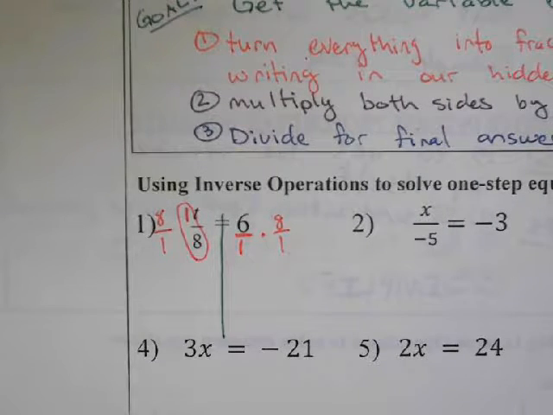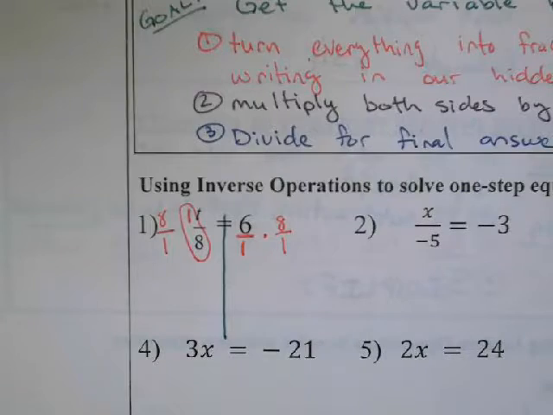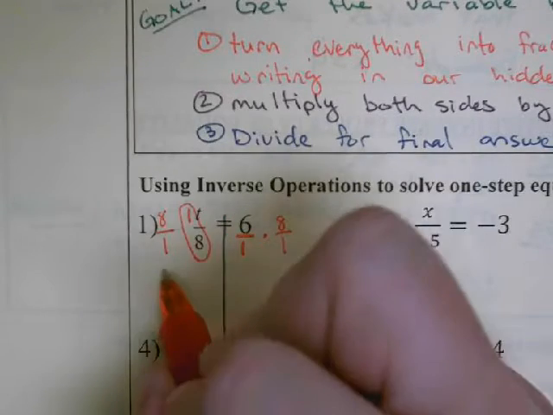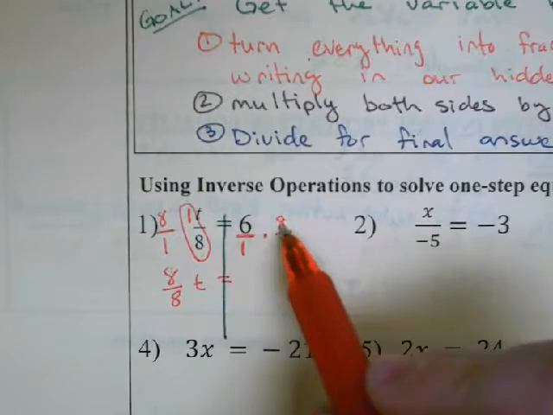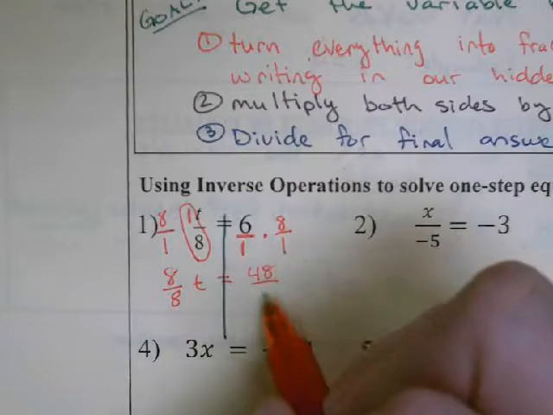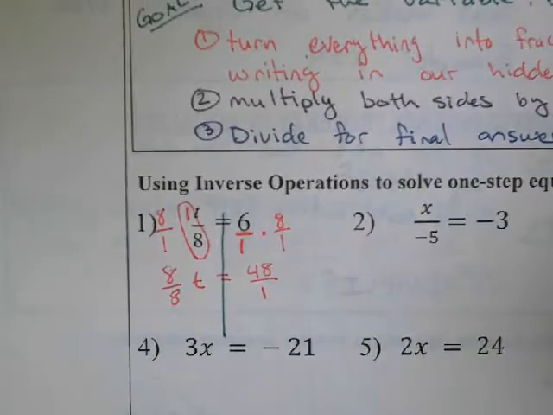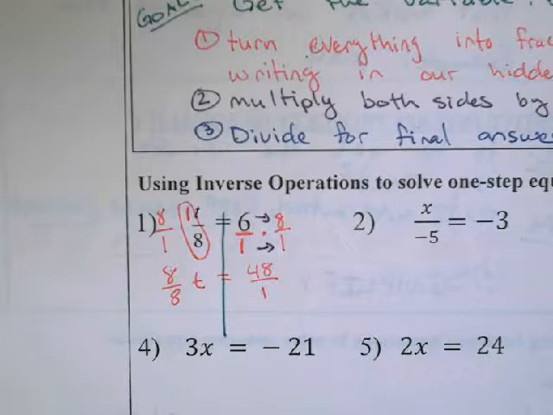So what happens next is, we're going to do more writing on this one than most of them, so I'll end up with 8 over 8t is equal to 6 times 8 is 48 over 1 times 1 is 1. Multiply our numerators together, multiply our denominators together, and we get 48 over 1.